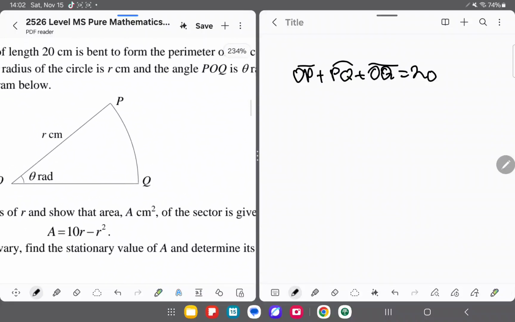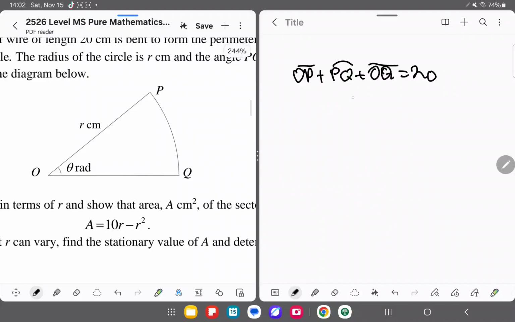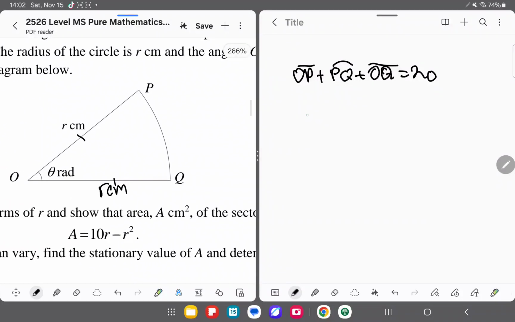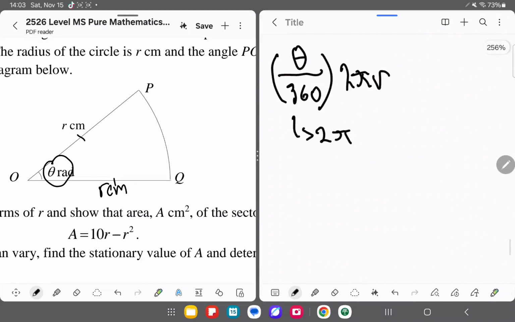So how do we first get the arc PQ? OP and OQ should be easy enough. OQ is equal to OP because this is a sector. In a sector, these two are equal. To get the arc, they said theta radians. If they said theta degrees, we would normally do theta over 360 times 2 pi r. However, in this case, instead of using 360, we'll be using 2 pi, assuming that pi is 180.